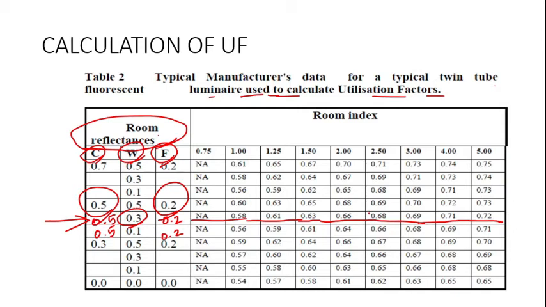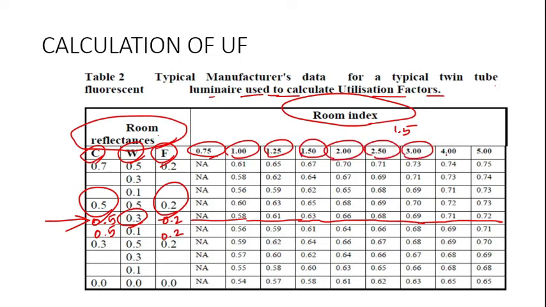So for that we will use the room index, which we have calculated in our problem as 1.5. So you have to select this column and this row, and you will get a particular value intersecting this selected row and column. You will get a 0.63 value.